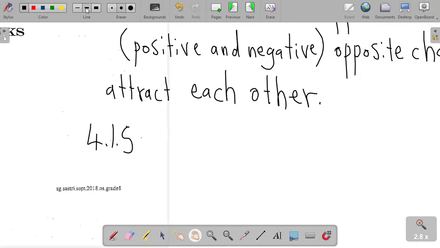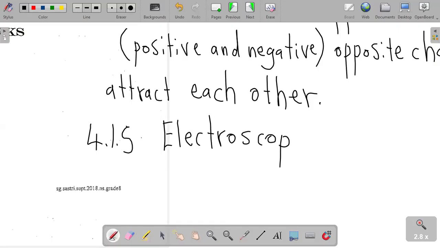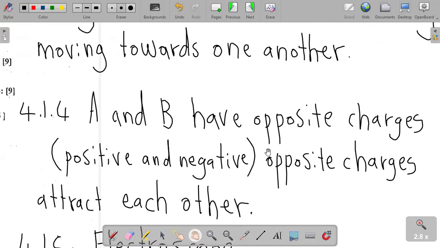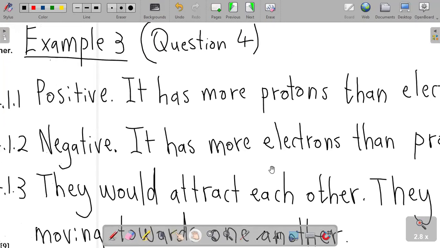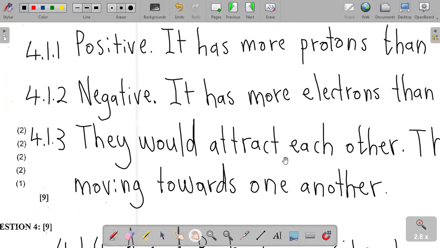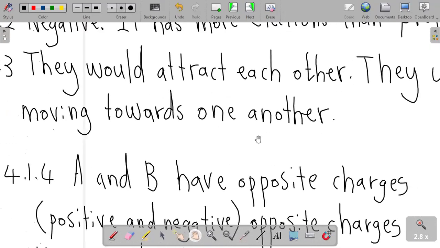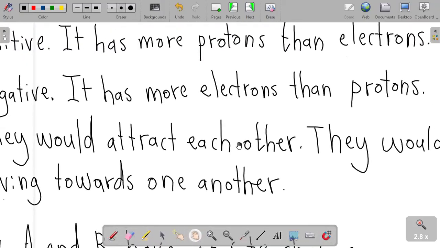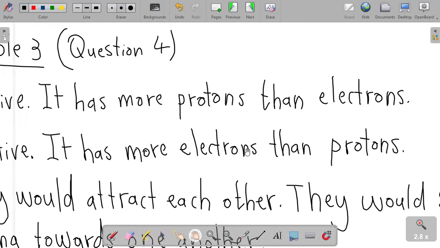This instrument is the electroscope. This is what is used to detect the presence of charges. So that will be it for question 4.